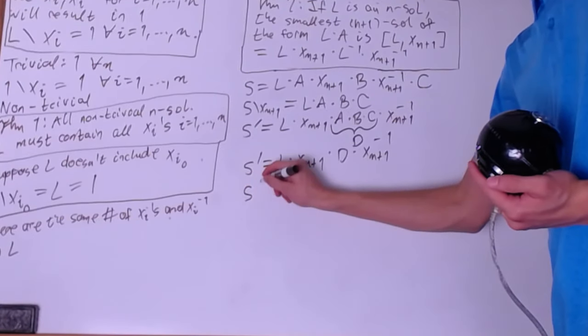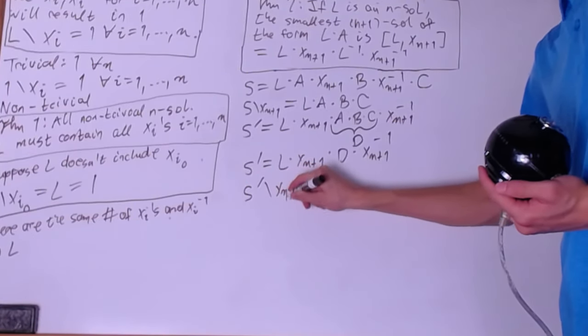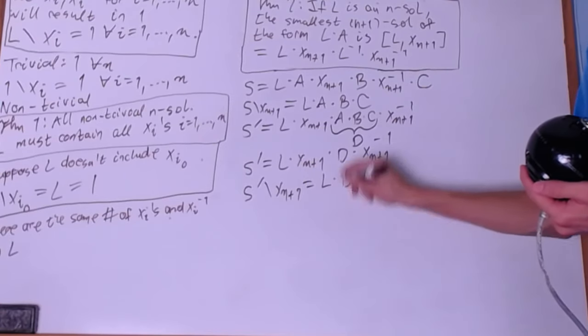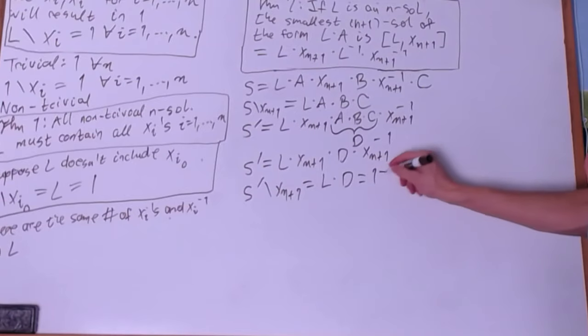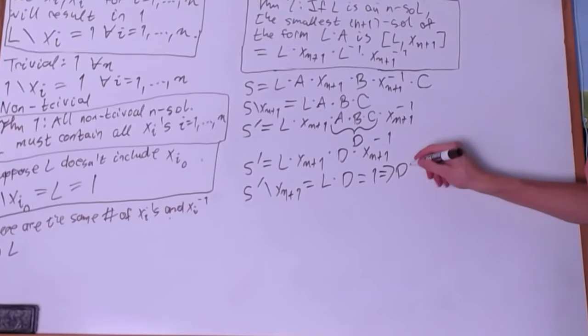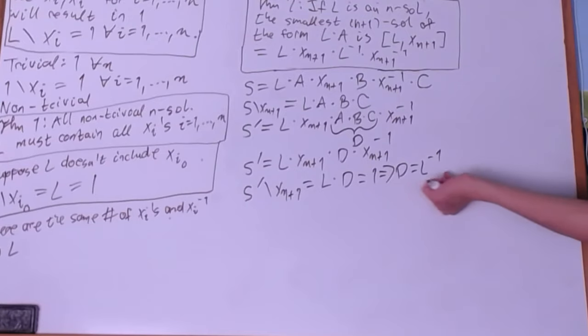What does this tell me? Well, it tells me that S prime removing xn+1 is equal to L times D, which has to be equal to 1. What does that mean? It means that D is L inverse. That is the only element which will invert L to 1, by the fact that you can multiply both sides by L inverse.